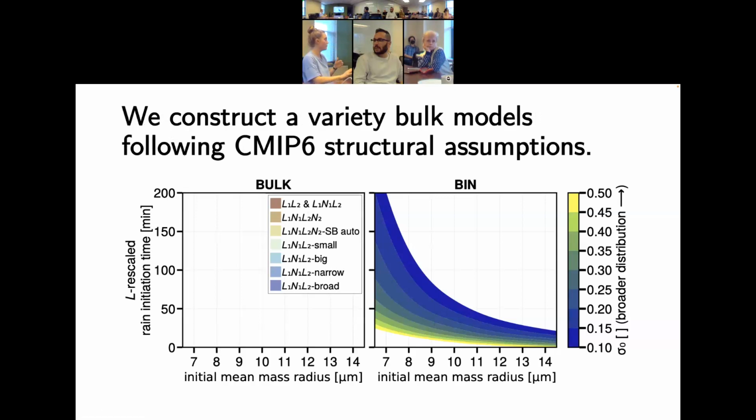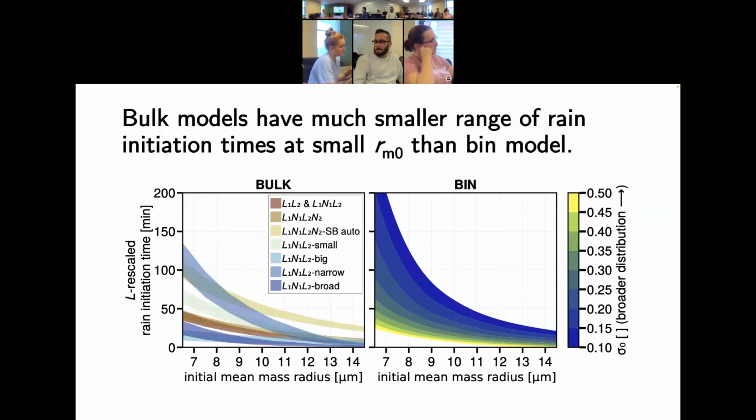And we can also look at all of these different bulk models that are built following the CMIP6 structural assumptions. And so these are in just different colors here. And here I just have colored the range. This is for, I think, 10,000 different initial conditions each, and the range of rain initiation values as those vary.